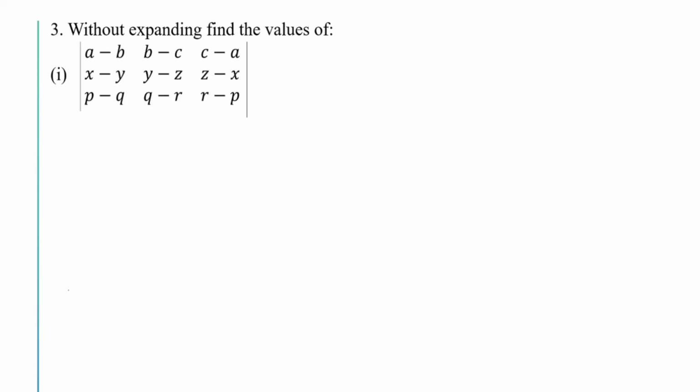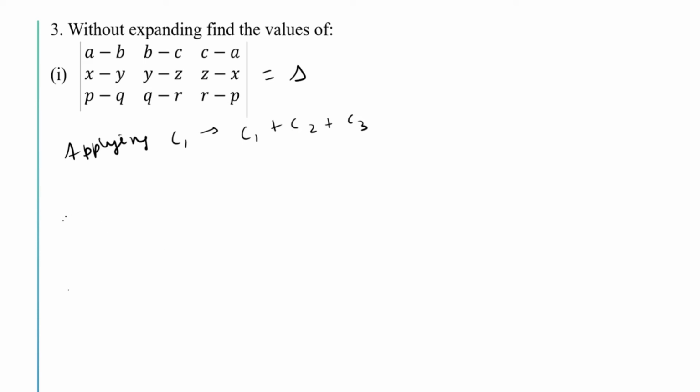The next question, without expanding, find the values of determinant of a minus b, b minus c, c minus a, x minus y, y minus z, z minus x, p minus q, q minus r and r minus p. So let us take this as equal to delta. Now applying C1 changing to C1 plus C2 plus C3. That is the first column we are adding C2 and C3.